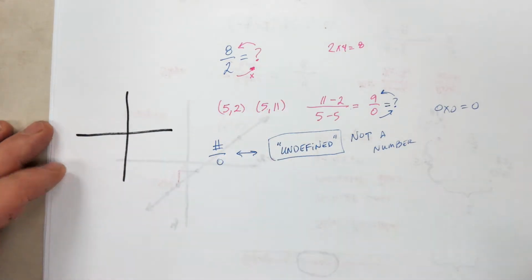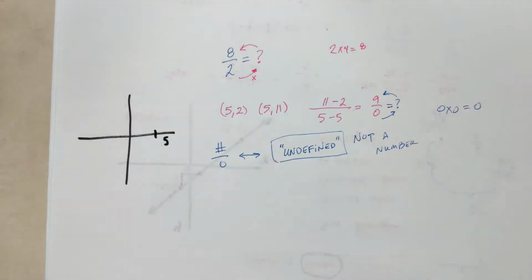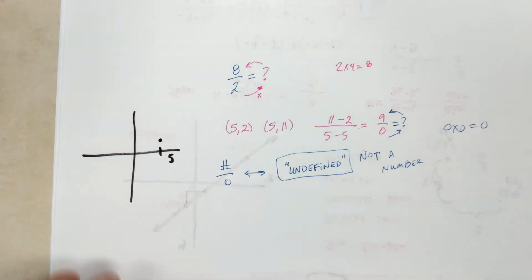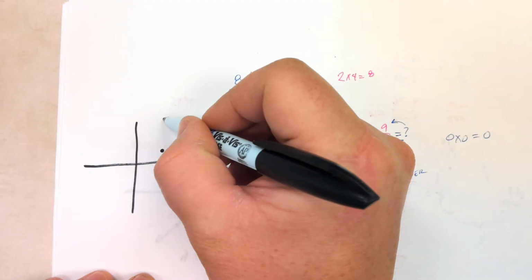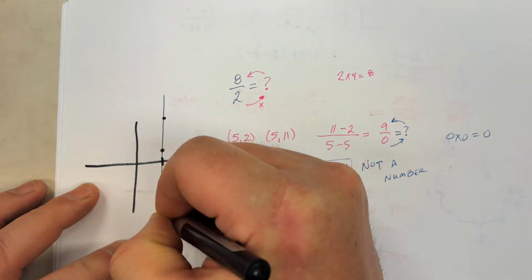Now check this out. Let's say this is 5 right here. So our 2 points were right here, 5,2, and then 5,11 right there. Do you see? And so this line is vertical.